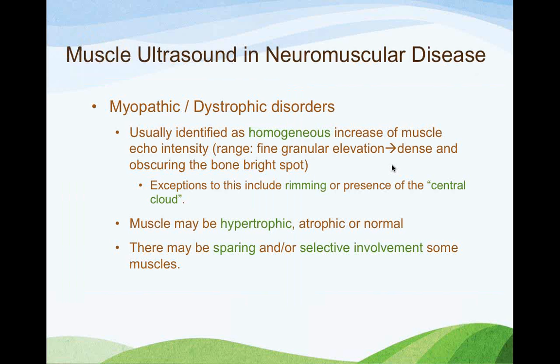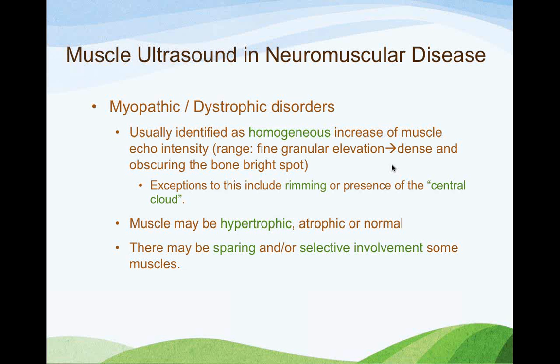Now for muscle ultrasound in myopathic or dystrophic disorders, as I mentioned earlier, you can see homogeneity of increased muscle echo intensity. And there are some exceptions to it being homogeneous, particularly when it comes to disorders like collagen 6 myopathy, where the changes in the muscles tend to start from the areas of the fascia or the connective tissue inward.